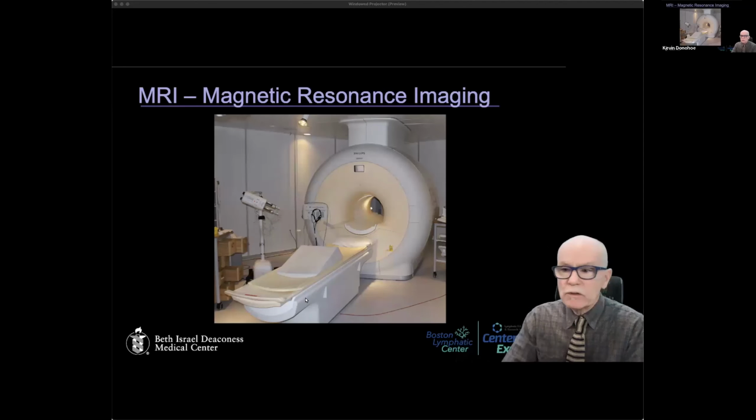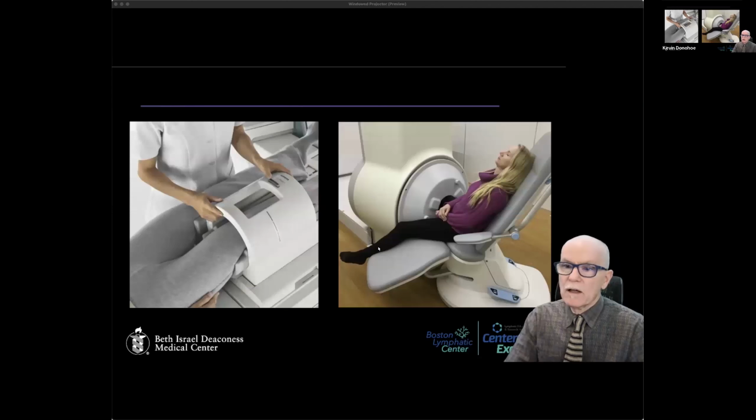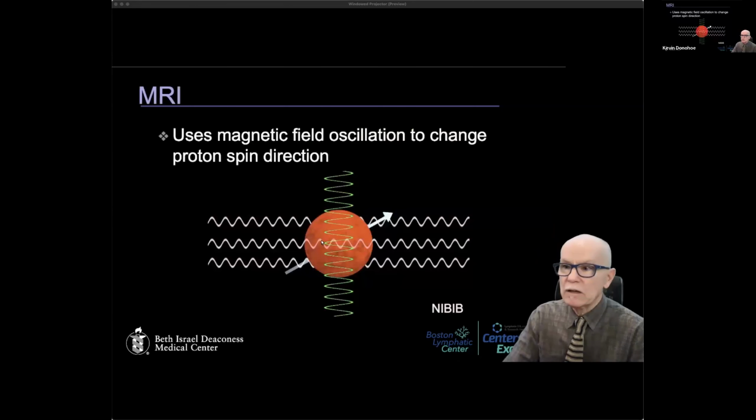MRI, magnetic resonance imaging. Now we are getting into expensive equipment, and this is just a large magnet, and there are different coils that we can use. There are different parts of an MRI machine that you can put an extremity in, and we have MRI specialists that know a lot more about this than I do.